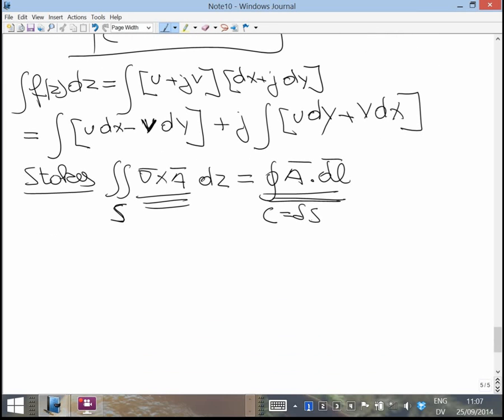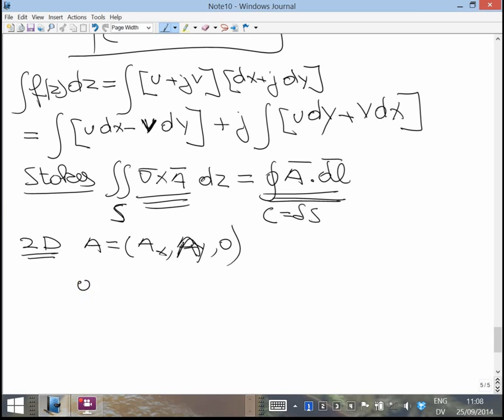Since we are working in the complex plane, it also means that we're going to restrict this to a purely two-dimensional case. So our surface S is contained in a plane. It's not like a pancake which is contained in the three-dimensional space. So rather we will be writing this just in the 2D plane with A consisting only of an X component, a X and a Y, and 0 for the Z component.